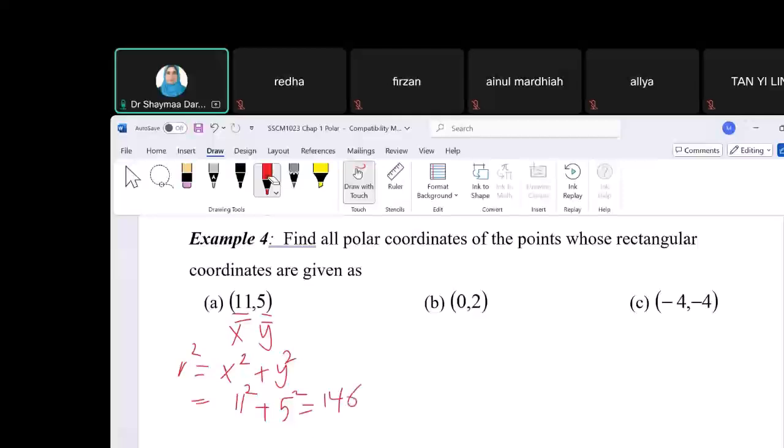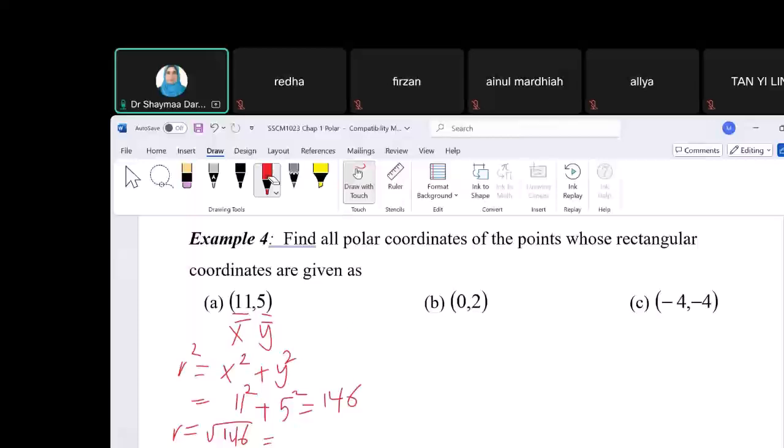If I am not mistaken, 146. Then you need to find r, because this is r squared, so you need to take the square root of 146.